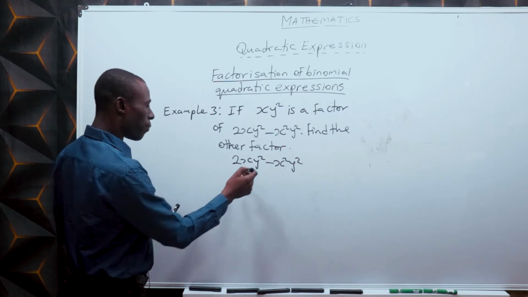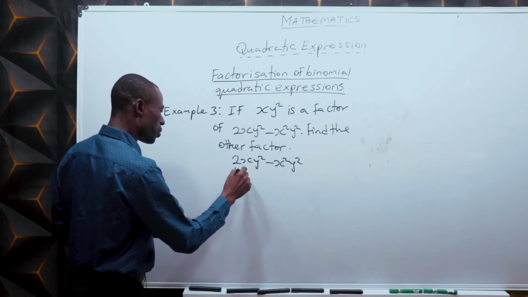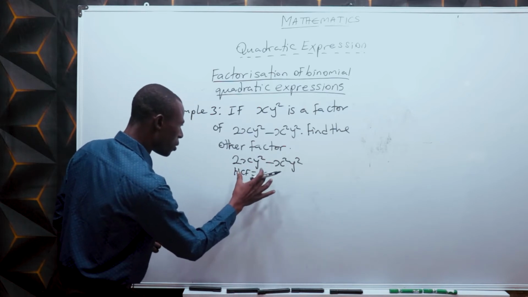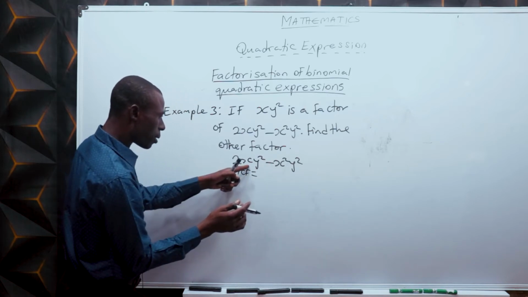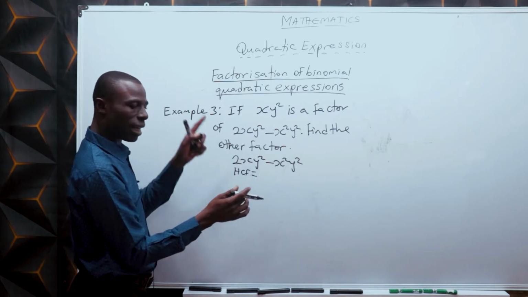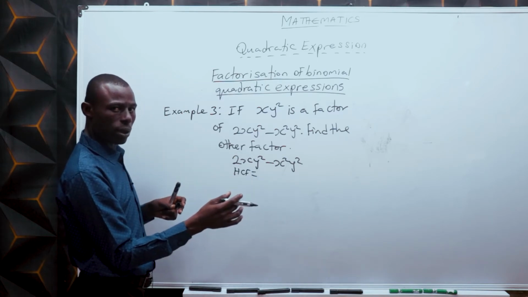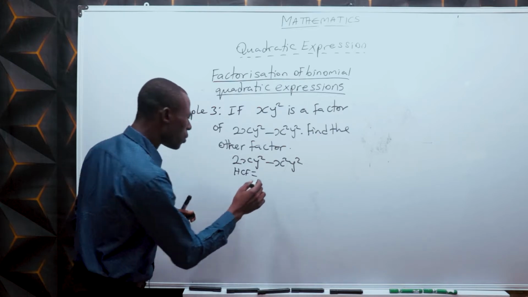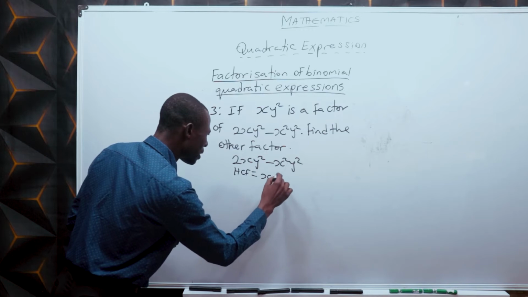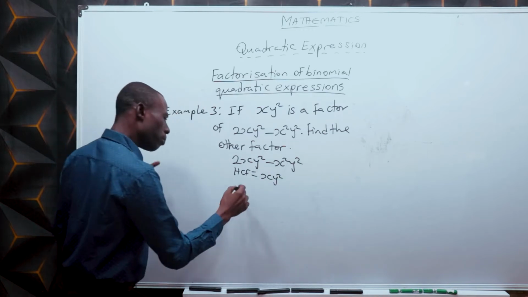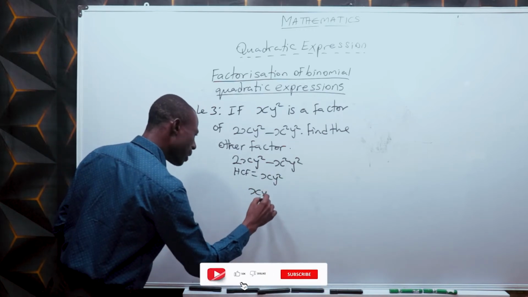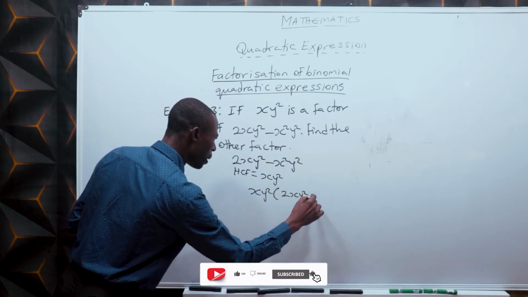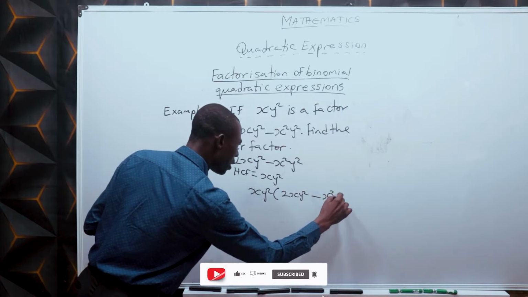The HCF of the two terms, if you look at it, xy square is common to the two terms. And that's the highest factor that is common to them. So you have xy square as your HCF. Bringing it outside, xy square into 2xy square minus x square y square.